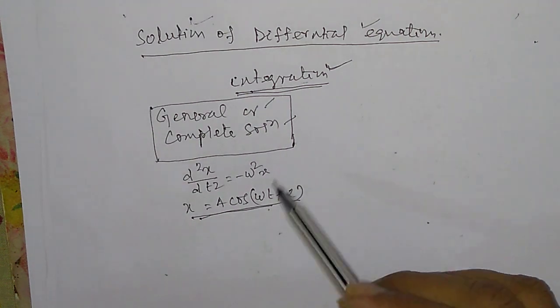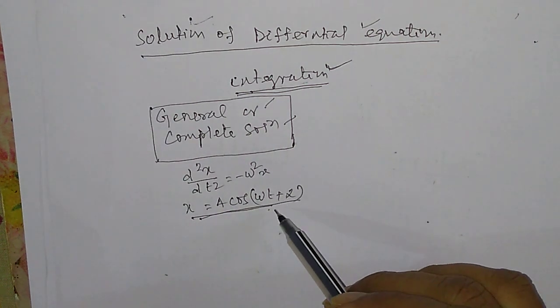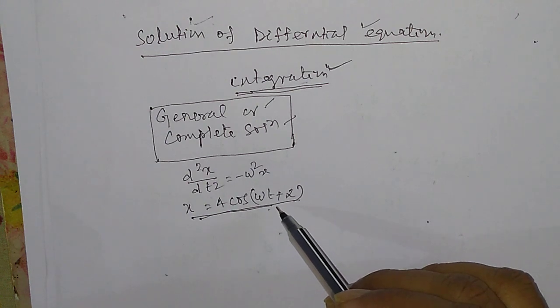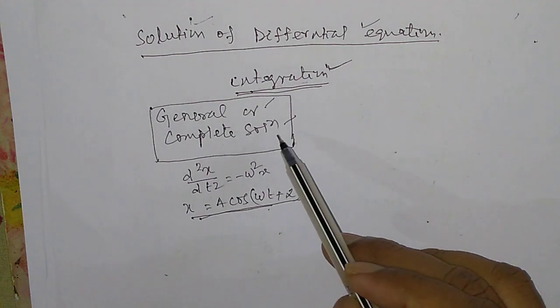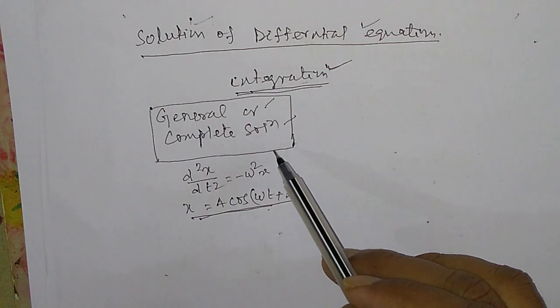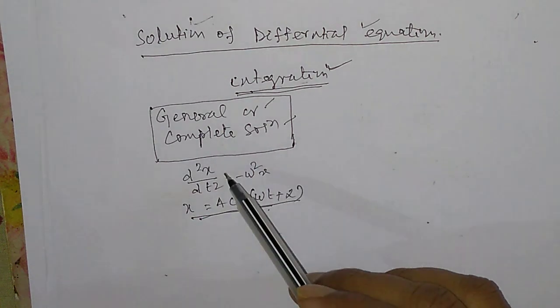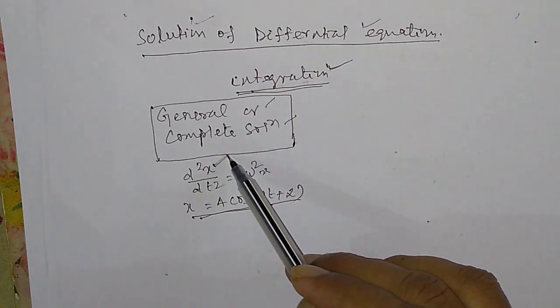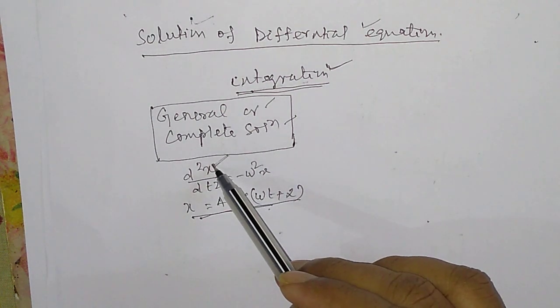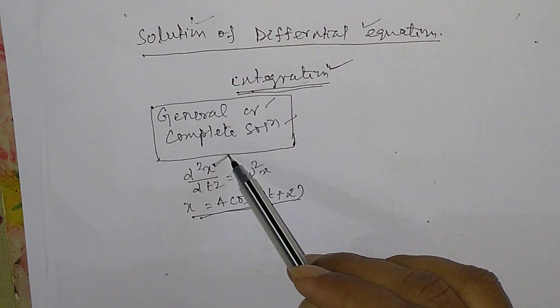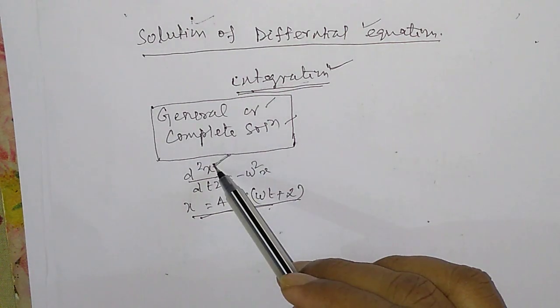Then what will be the number of arbitrary constants in the general solution of the differential equation? The number of arbitrary constants is the order of the differential equation. What is the order of this differential equation? The order is 2.